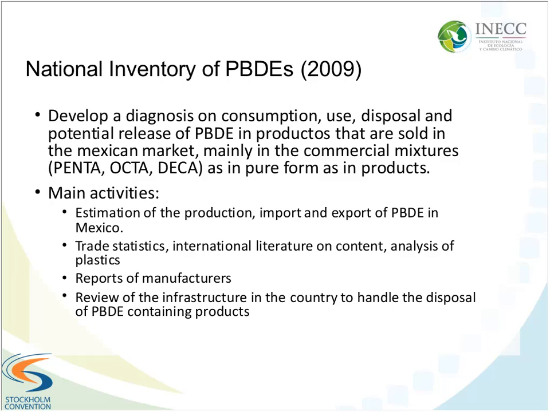We also reviewed the reports from the manufacturers or the importing companies, and another important issue we've done is the analysis of the infrastructure in the country to handle the PBDE containing products, mainly for the electronic industry and the recyclers of electronic waste.